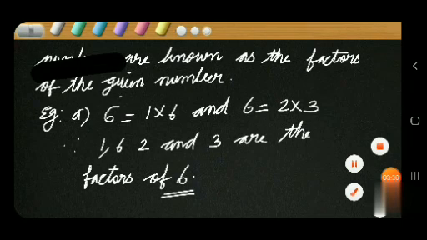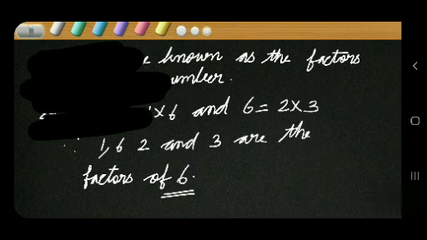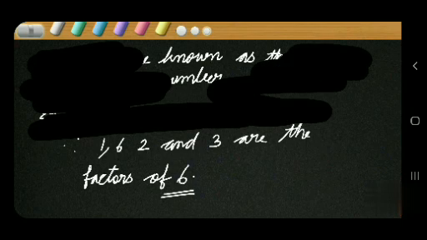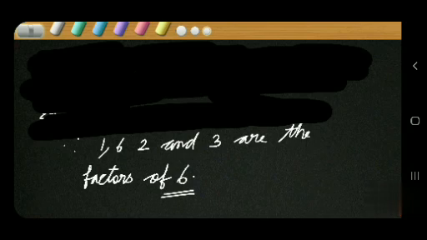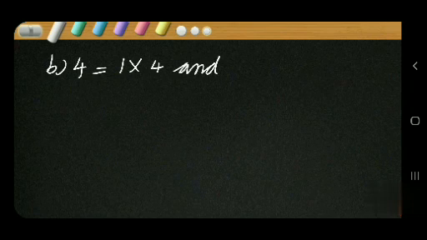Okay. Now, we have discussed one more example. What was it? 4, isn't it? So write down example B, 4. Have you understood the concept of factors? Is it clear? Just the reverse concept of multiples. 4 can be written as, yes, any number can be written as 1 into that number. So 1 into 4. Also 4 can be written as 2 into 2, isn't it? 4 is equal to 2 into 2.